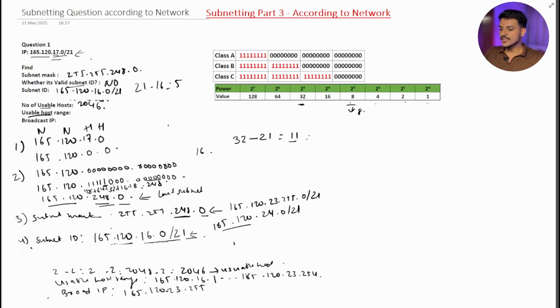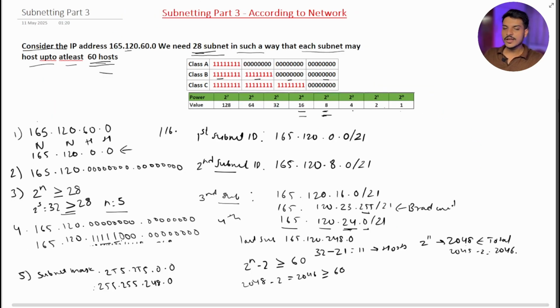So this will be the actual usable host range. Let me quickly write it: 165.120.16.1 till 165.120.23.254. And the broadcast IP we have already found: 165.120.23.255. So we have successfully solved this question.